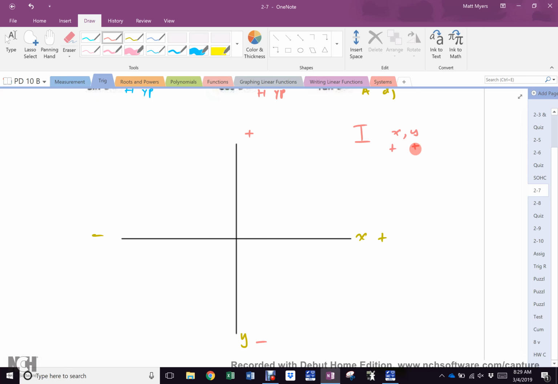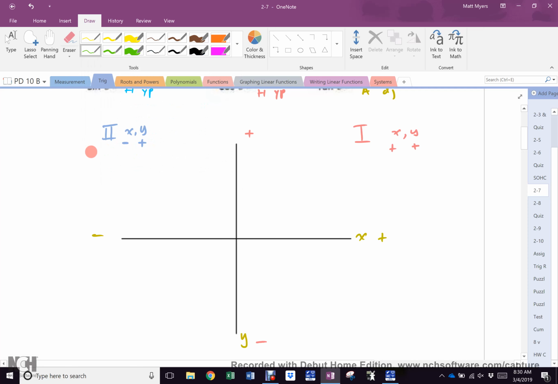Okay. Over here lies quadrant 2. In quadrant 2, all the values are once again x and y values, except what is the difference? X is negative and y values are positive. Right? Finish the drawing.